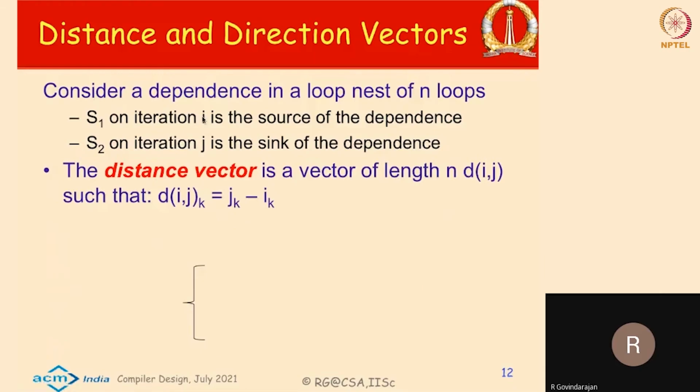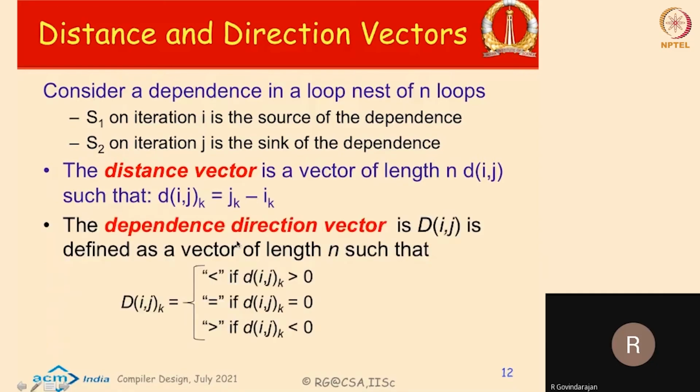Okay, and mathematically this is represented by this, and the distance vector can also be represented as a direction vector, where you use a less than sign if the distance is positive, an equal sign if the distance is 0, and a greater than sign if the distance is negative.